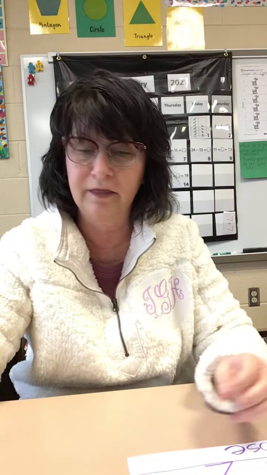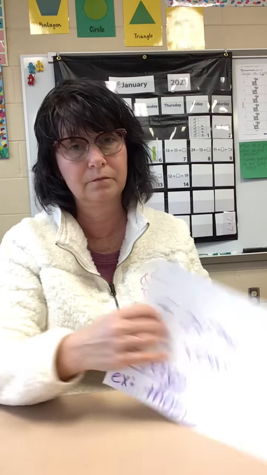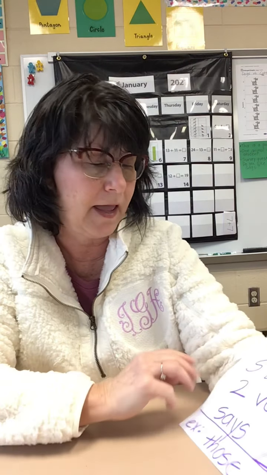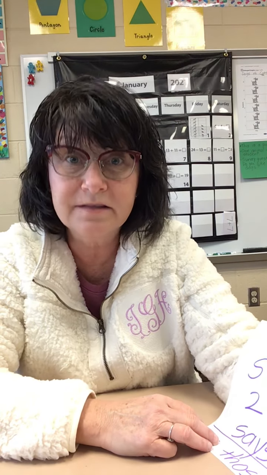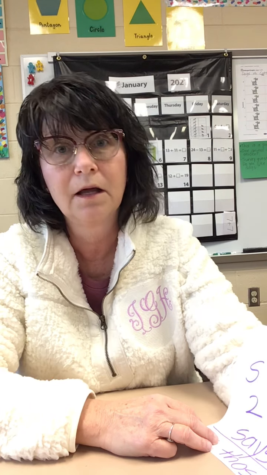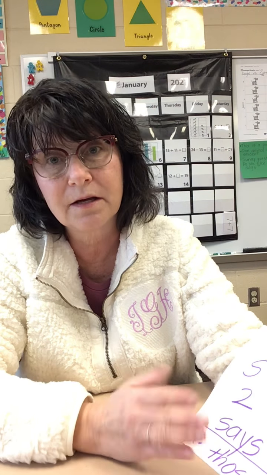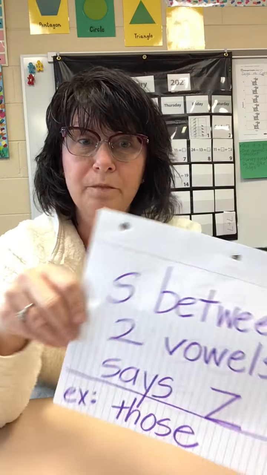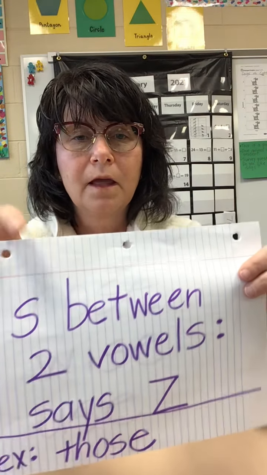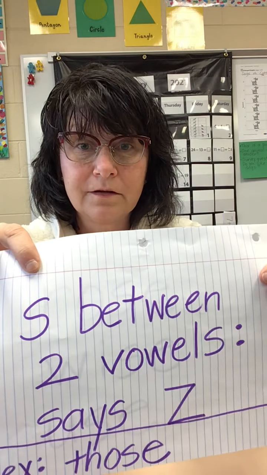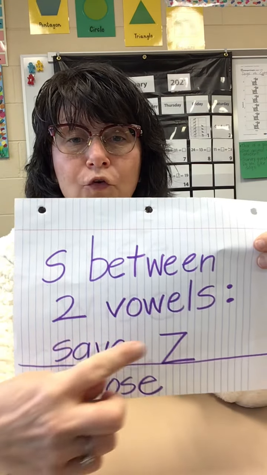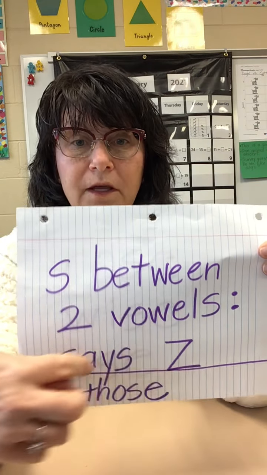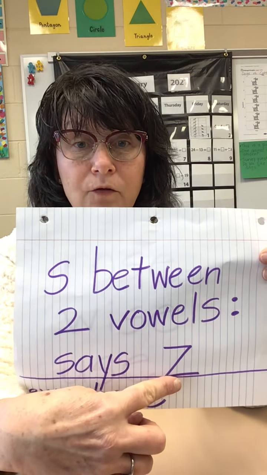And I think I'm ready to show you one more quick thing. Sometimes an S can make a Z sound, like Z. Instead of going S, it could say Z. And there is kind of a rule about that. If you have an S that's between two vowels, it says the Z sound.